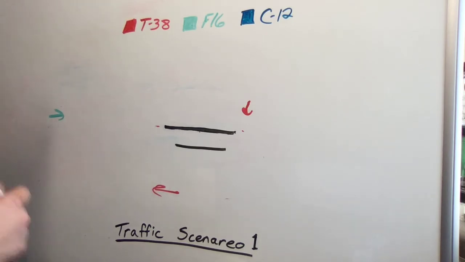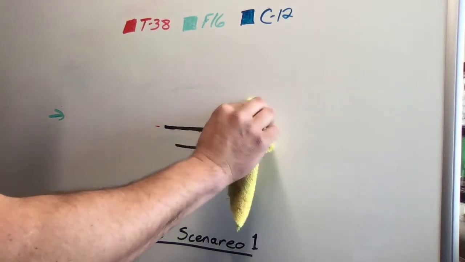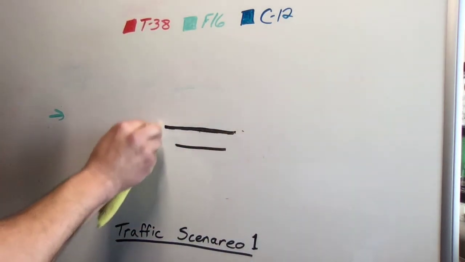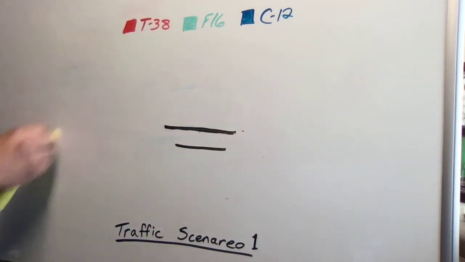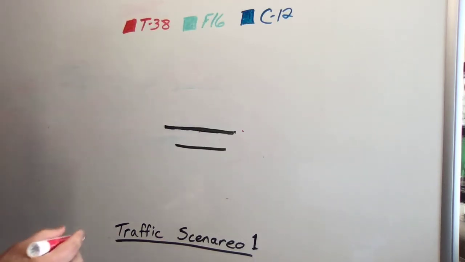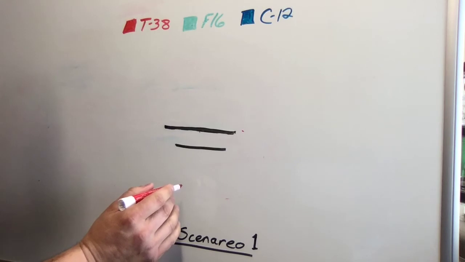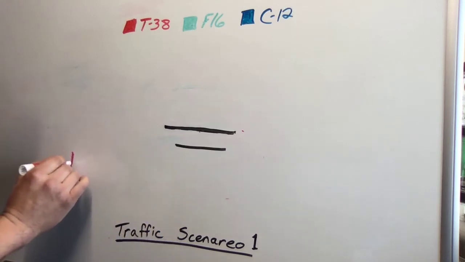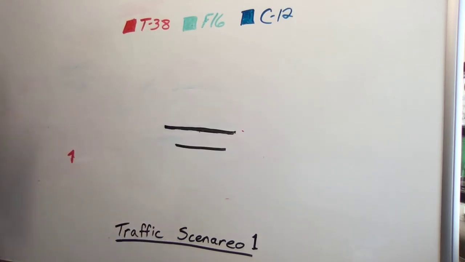At this point, it actually wound up working out differently. By the time everything did what it needed to do, I had this T-38 now on a 10 mile base.